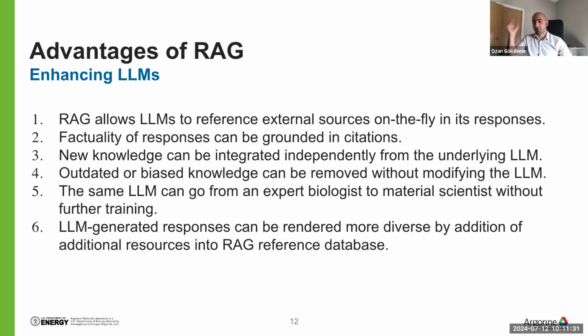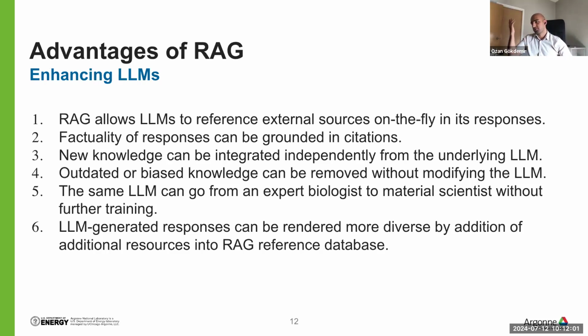Then the same backbone generator LLM that generates the answers can go from an expert biologist to a material scientist without further training. So domain shift is possible. You can take the same backbone foundation model and use it for many different domains without changing anything about the underlying model or its weights.